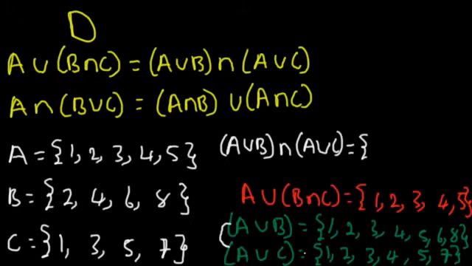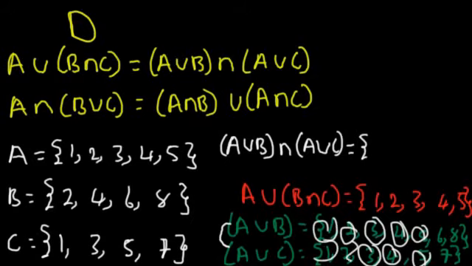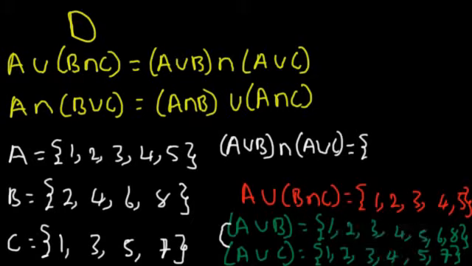Now what are the common elements between them? 1 is common, 2 is common, 3 is common, 4 is common, 5 is common. Those are the common values. So we have A union B intersection A union C equal to 1, 2, 3, 4, 5. Okay, so the fact that this and this turn out to be the same, then the law is true in the first case.